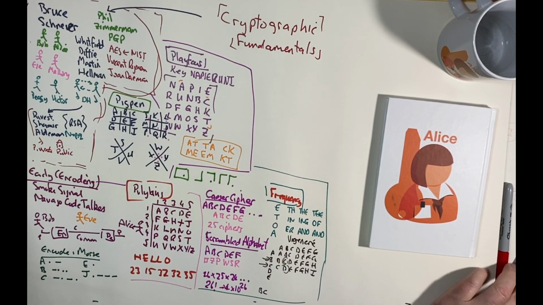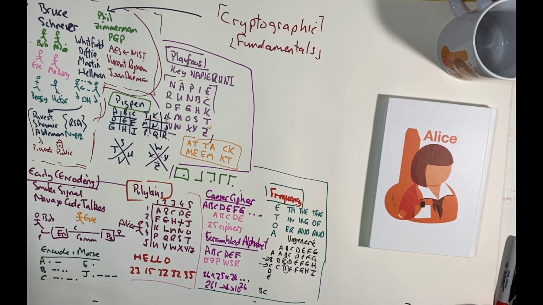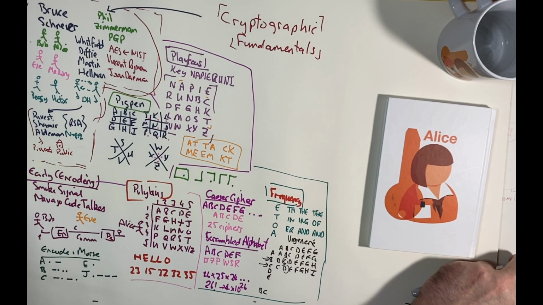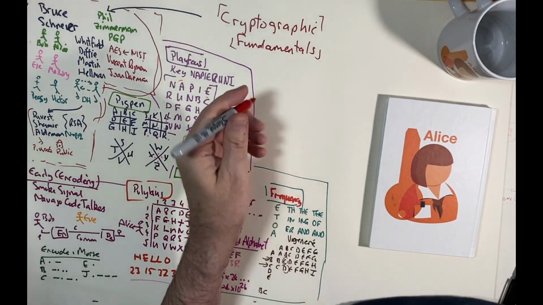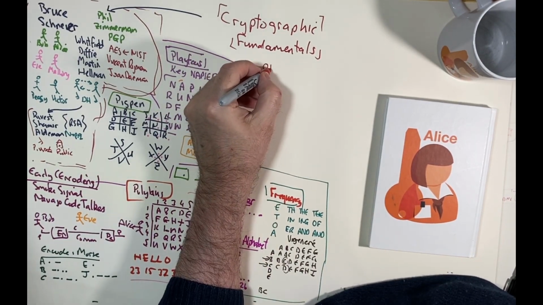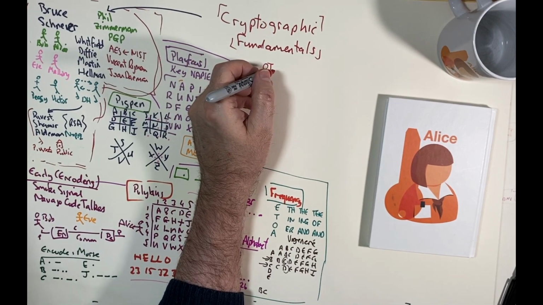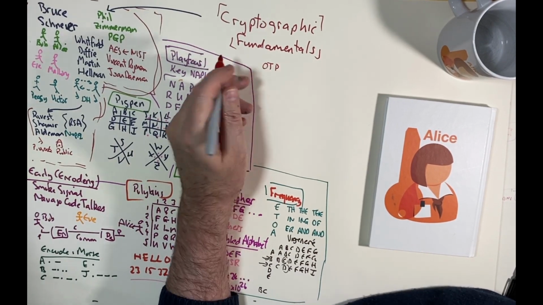If we're looking for a perfect cipher, then we need to look at a one-time pad.